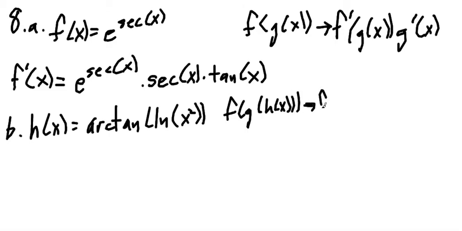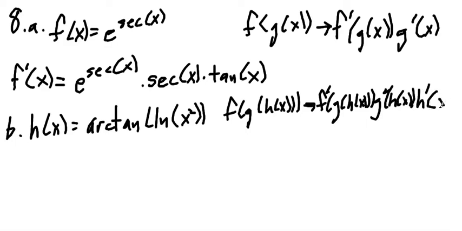I take the derivative of the outer guy and I leave the inner two guys alone. Then I take the derivative of the middle guy and I leave the innermost guy alone. Then I take the derivative of the innermost guy and I multiply those all together. So f prime evaluated at g of h times g prime evaluated at h times h prime.